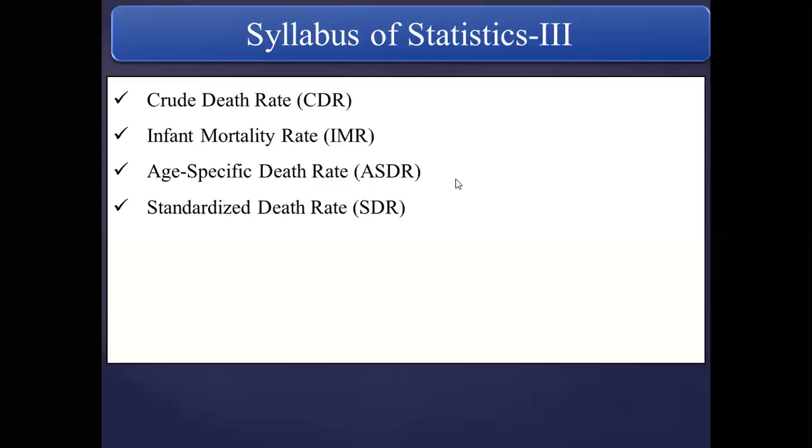So if you want to compare the death rate of both countries, it is most important to standardize their population first. So first we assume the same population for both countries, and assuming this, we find the death rate.